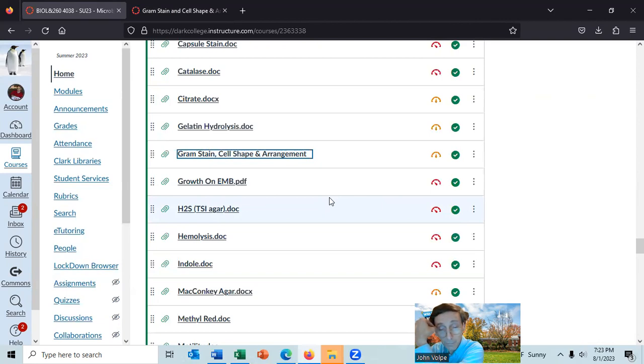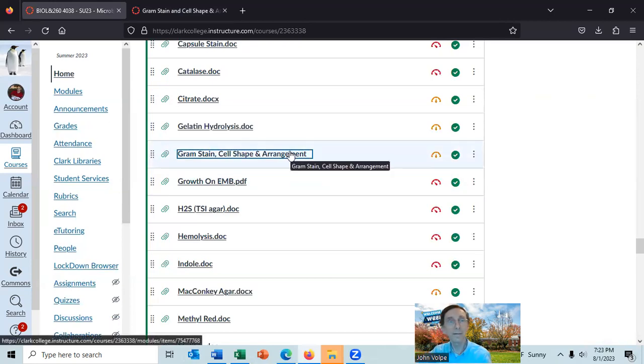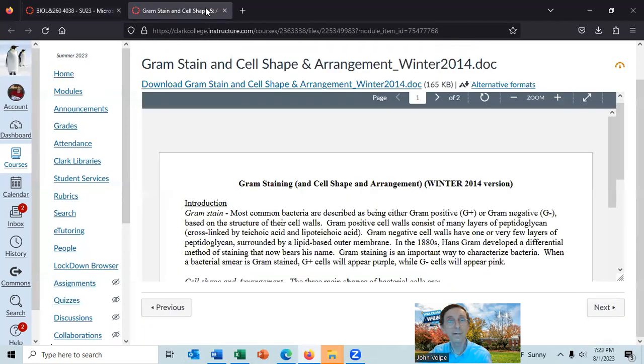And then you have that slide air dry and heat fix and then stain it. And then you can determine the cellular growth arrangement. And that should be stated up here, but it's not. That means I need to update that. Let me make a note of that.